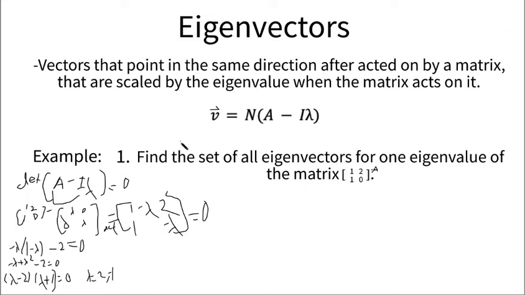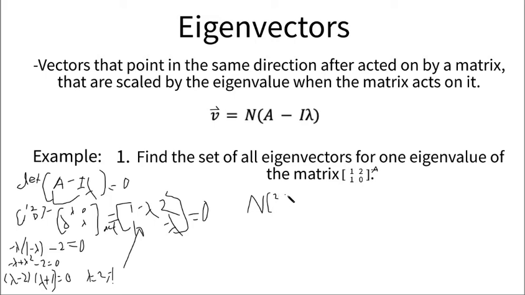And so we're going to find eigenvectors with this formula. The set of all eigenvectors is going to be the null space of A minus I lambda. And we've already found A minus I lambda to find the eigenvalue, and that is this: 1 minus lambda, 2, 1, negative lambda. Now we just plug in the lambda we want, which is -1. So we want to find the null space of 1 minus lambda, 1 minus -1, that's 2.